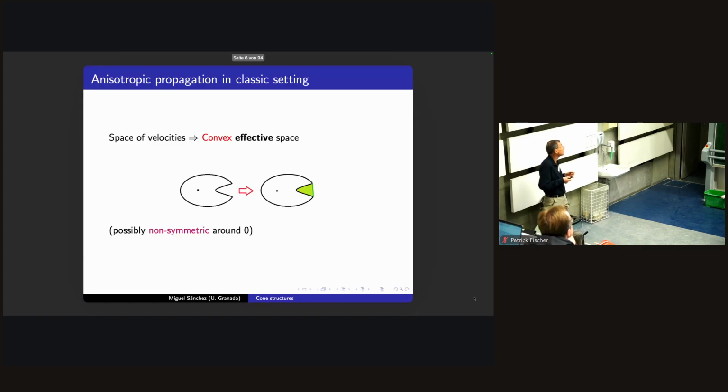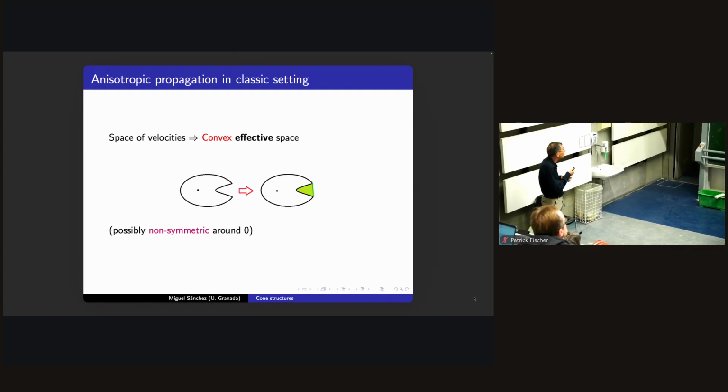About Finsler metrics, consider, for example, the anisotropic propagation of a wave, in the sense that at each point, the wave can propagate in each direction with a different maximum speed, okay? It is not hard to check that, in an effective way, the propagation is the same if we consider the original hypersurface of velocities or if we consider the convex hull, okay?